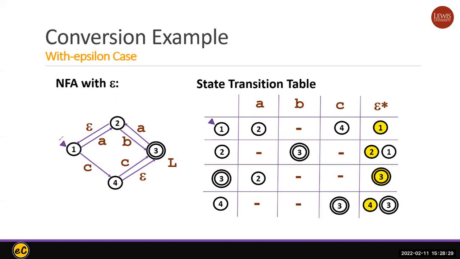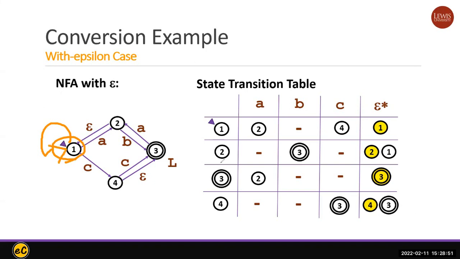We start with state 1. Take an A, you go to state 2. Take B, go nowhere. C goes to state 4. Epsilon does not go anywhere, you stay at state 1. Empty string, you may repeat itself. That's the default condition.